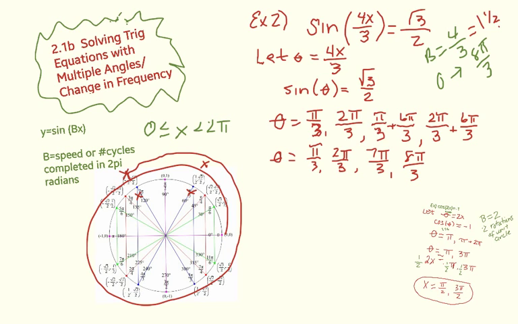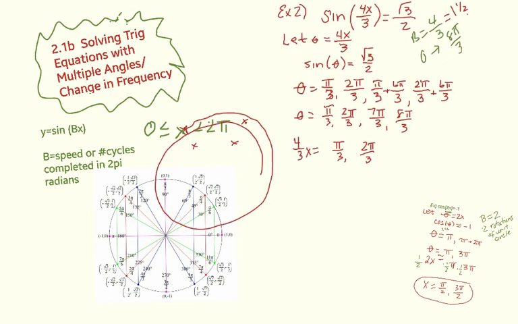Now again, theta wasn't what we were actually solving for. We were solving for x. So now I'm going to undo my substitution and say that 4/3 x equals, and again, I'm going to leave myself space before all these because I know that I'm going to be multiplying by a fraction in a second. Oops, sorry about that.